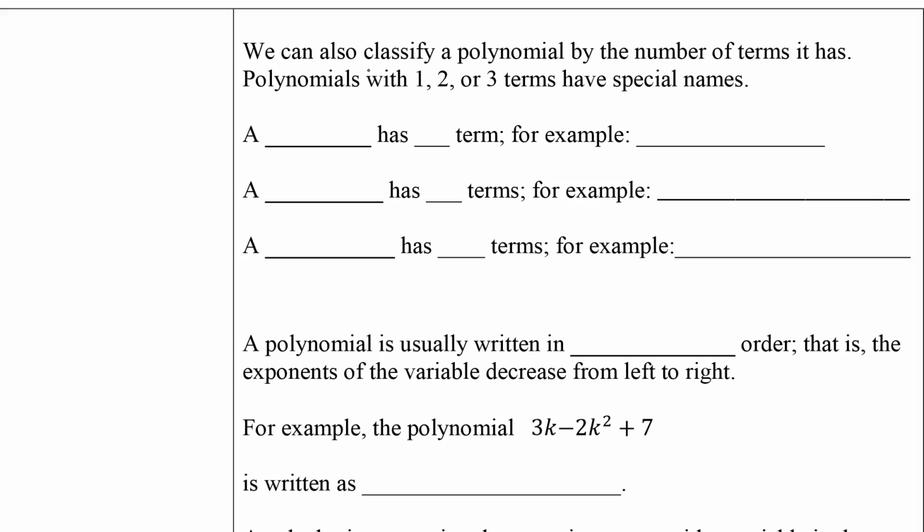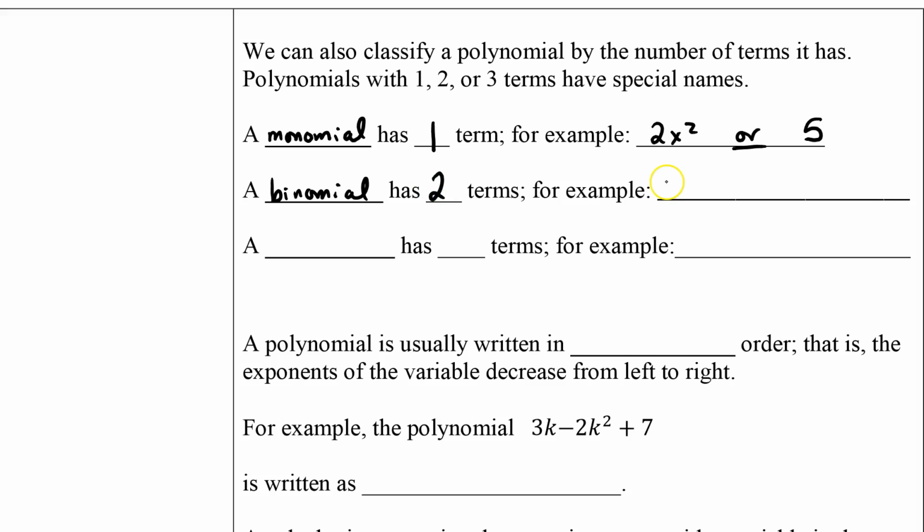So if we were to get a little bit more specific, a monomial has, think of a monocle, 1. So for example, 2x squared, or just 5. They just have one term. There's no separation of pluses or minuses, there's just one. A binomial, think of a bicycle, has 2 terms.